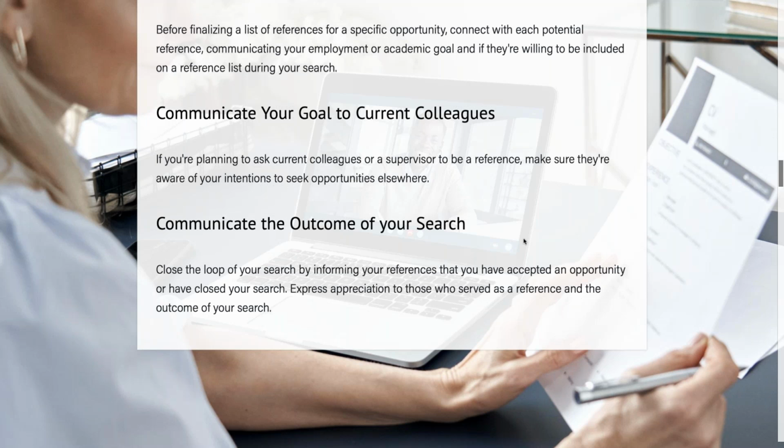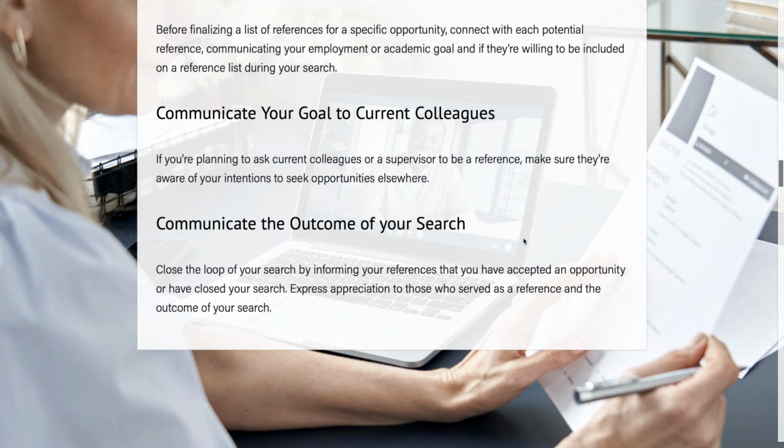So it's also important for you to let somebody know if you've accepted an offer and that person had served as a reference, that you're keeping them in the loop and thanking them for serving as a reference, because you can communicate effectively your skills and qualifications in an interview, but those who are going to be reinforcing that information as a reference will ultimately be golden in the eyes of the employer, because they're going to be giving that secondhand view, firsthand view of how effective you were in that role, and asking you some very specific questions that are going to help determine the overall fitness and readiness for that next position.